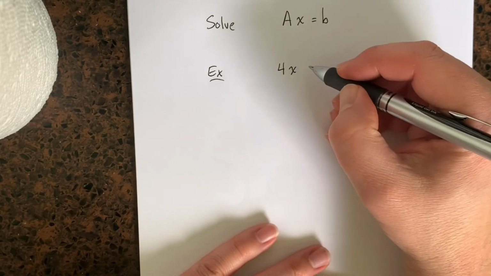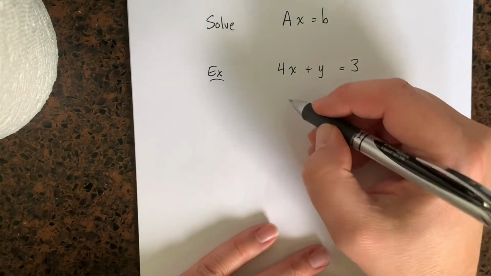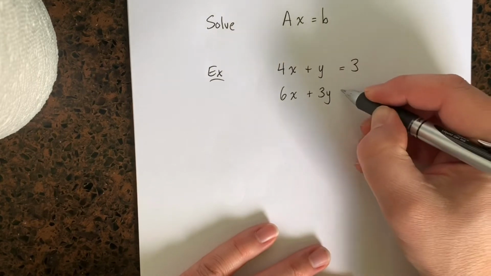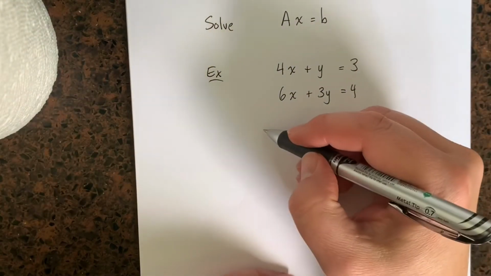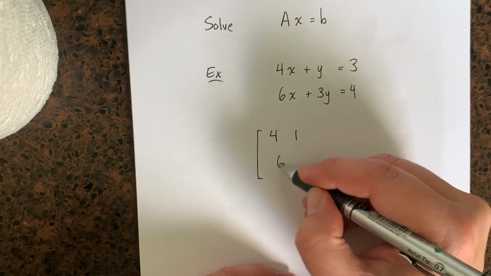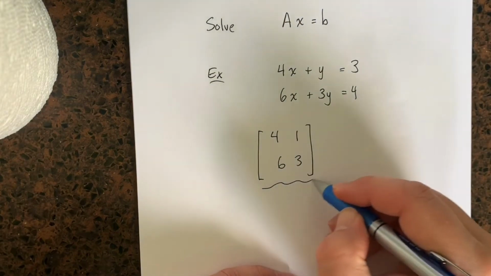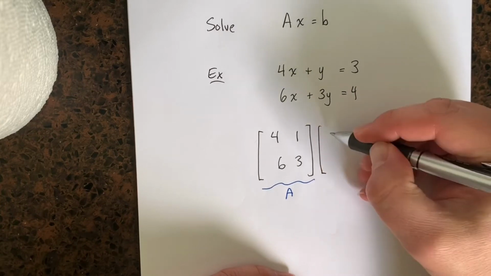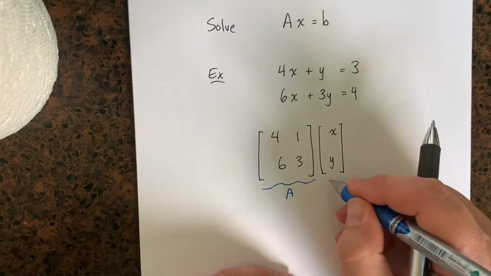if we have two linear equations, if we put this in matrix form, we'll take the coefficients, 4, 1, 6, 3, to be our matrix A. And then x and y are unknowns as our vector x.